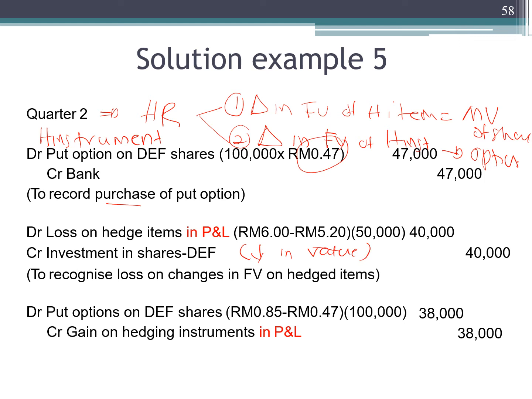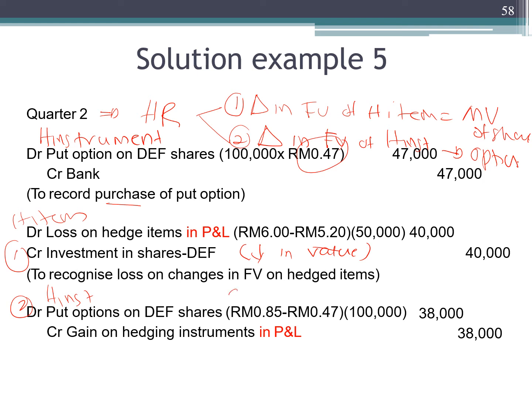Then this is the first journal entry, and the second journal entry is for the hedge instrument. For the hedge instrument, you're going to debit your put options on DEF shares. Why are we going to debit here? Because there is a gain.